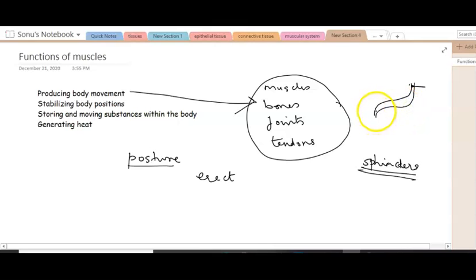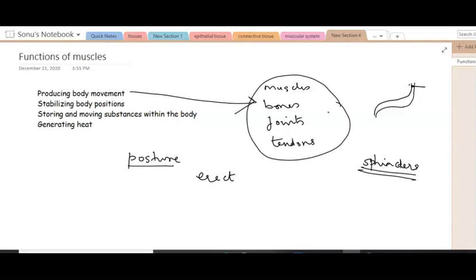So the sphincter is helping that organ to store as well as allowing control of the movement of that particular substance in and out of that organ. So sphincters are also band-like smooth muscles, and these are found in the stomach and in the urinary bladder.